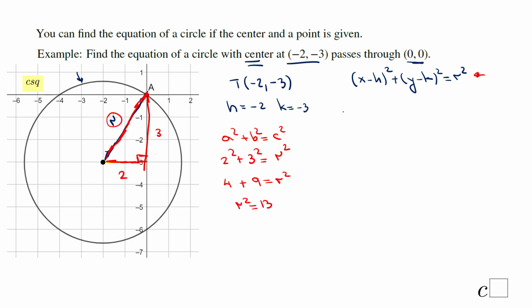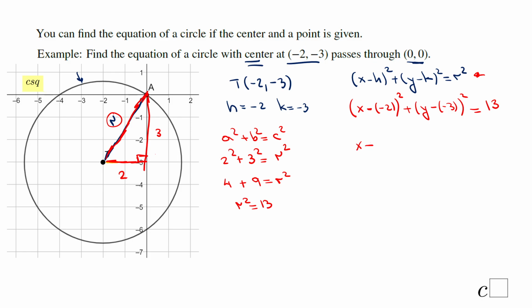So now we can go back here and plug the things in. So we have what? X minus -2, that is how much h is, square, plus y minus -3 square, and the radius square, like I said, we have it, it is 13. So one more step to simplify inside of the parentheses.